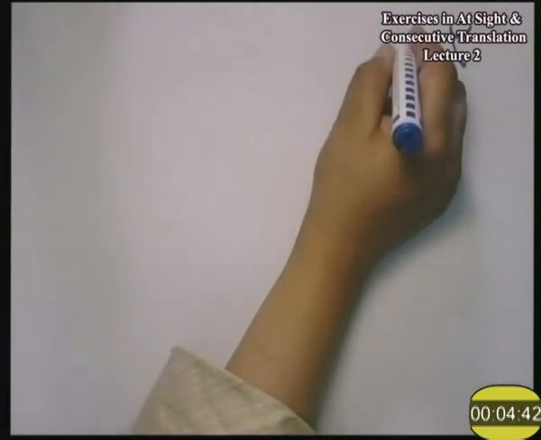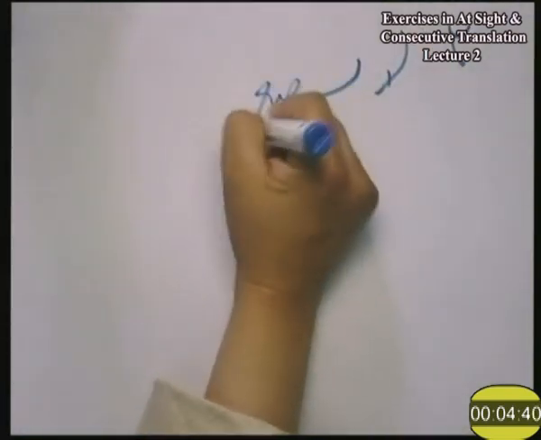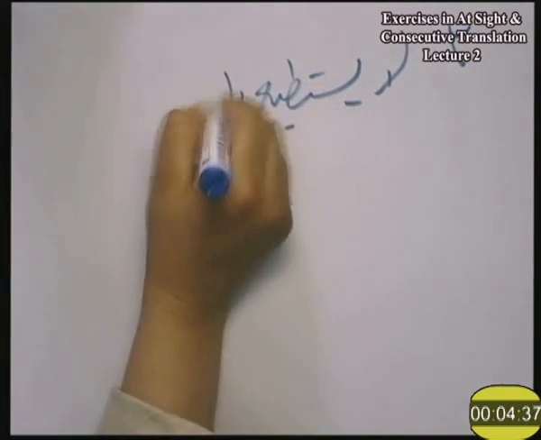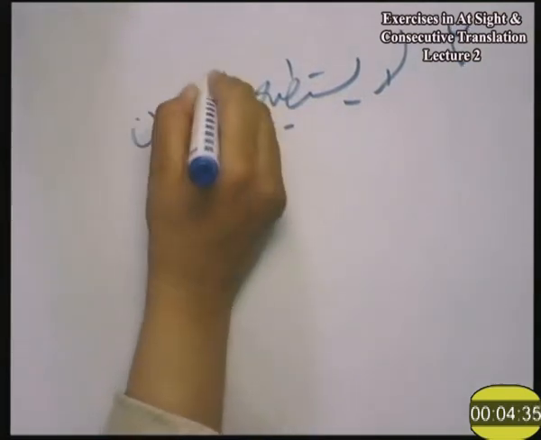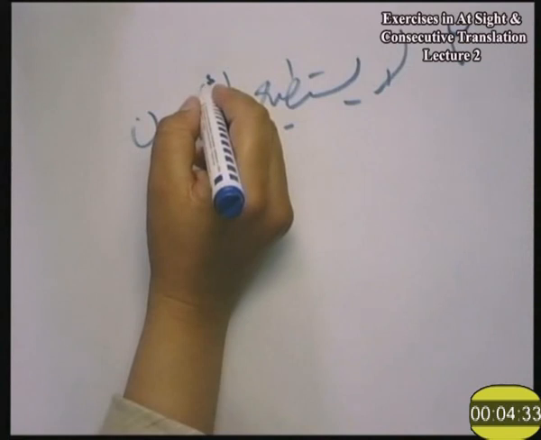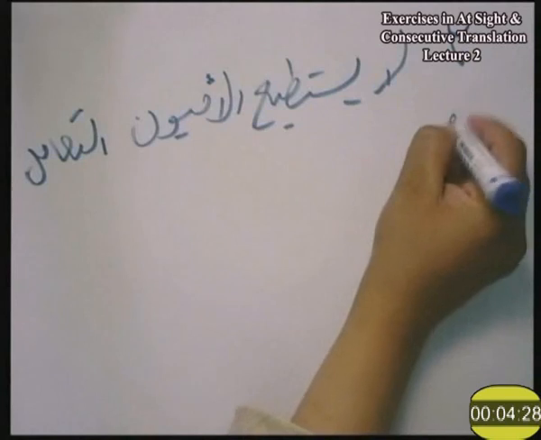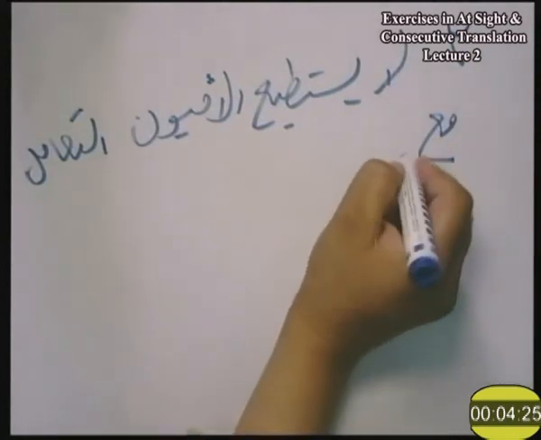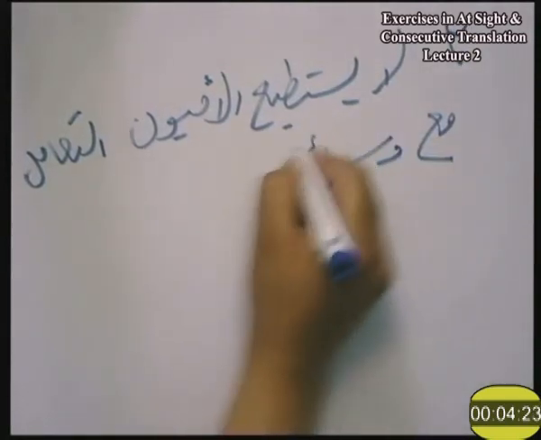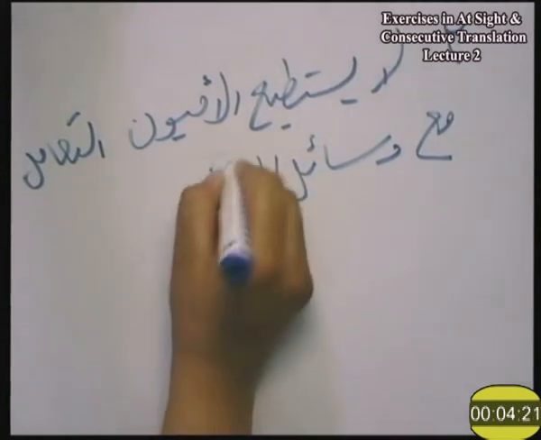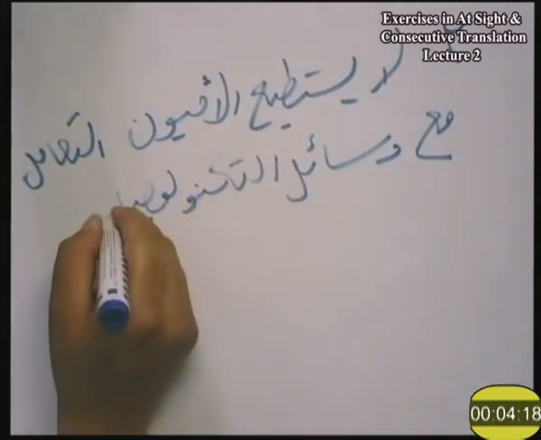Okay. The uneducated have no access to advanced technology. Okay. All right. Now let's see the translation, then I'll discuss with you something. لا يستطيع الأميون التعامل مع وسائل التكنولوجيا المتقدمة.